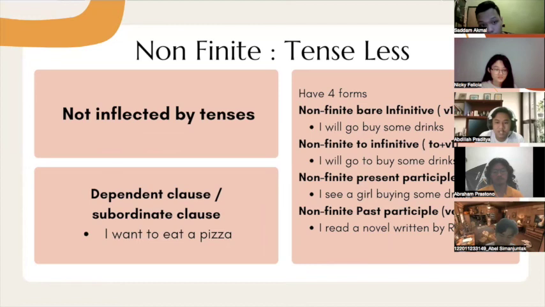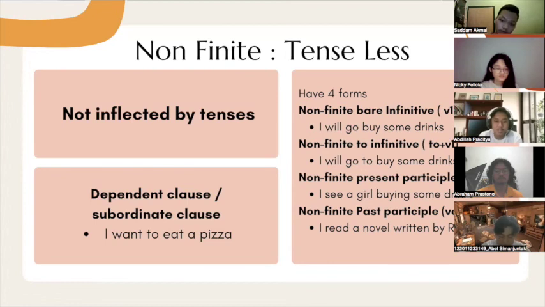The first is the non-finite bare infinitive. For example, I will go buy some drinks. Buy some drinks is the non-finite clause, which is a bare infinitive that uses verb 1. Then the non-finite to-infinitive: I will go to buy some drinks. To buy some drinks, to buy, is a to-infinitive.